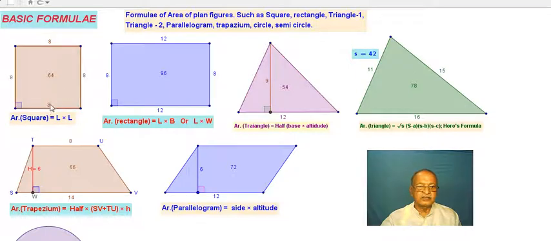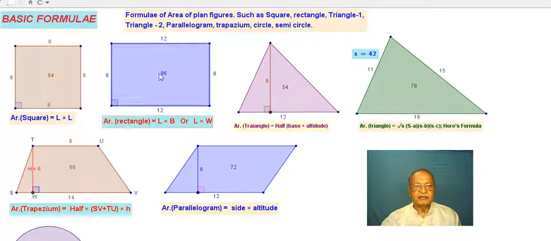So, we will multiply any two adjacent sides and get the value. So, 8 into 8 will give us 64 square unit. 8 is any unit, maybe centimeter, maybe meter, maybe kilometer or so on.